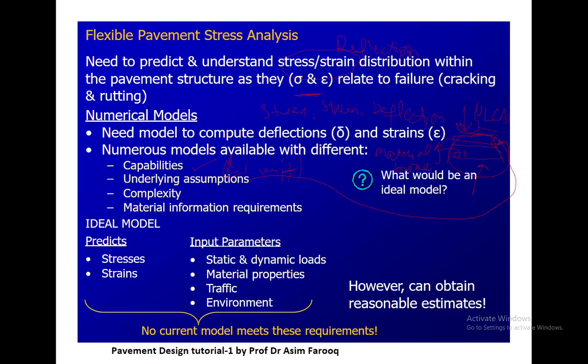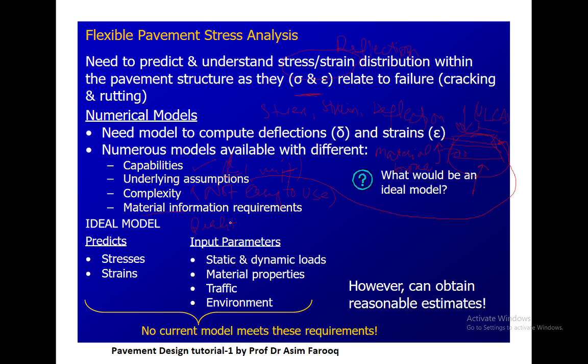The underlying assumptions are a very important parameter, with quite different strategies, such as the one layer system, two layer and multi-elastic layer theory, then the rigid pavement model, and then the Ahlvin model. All of them have different underlying assumptions which really affect the stress, strain and deflection values.